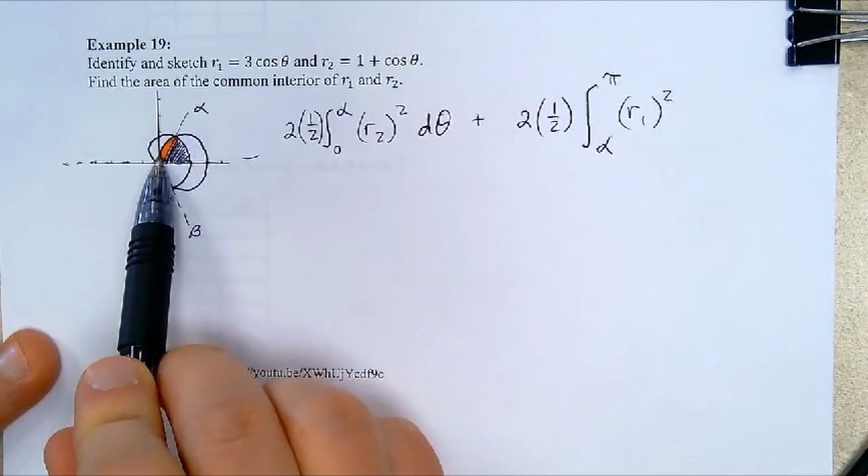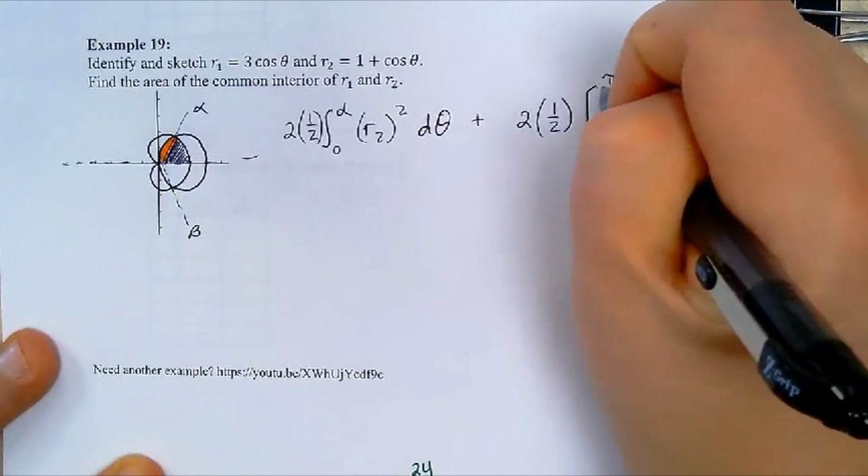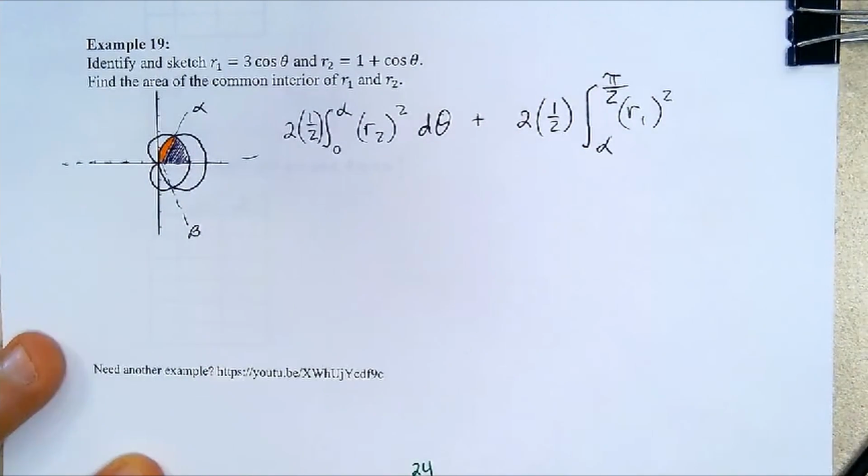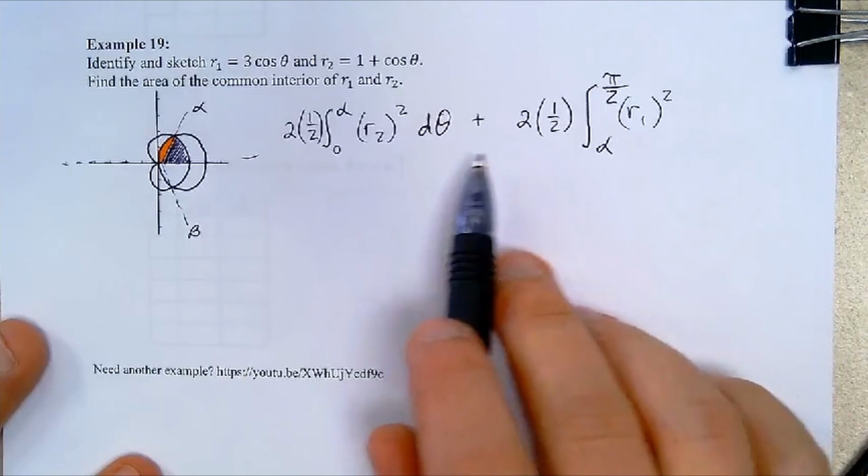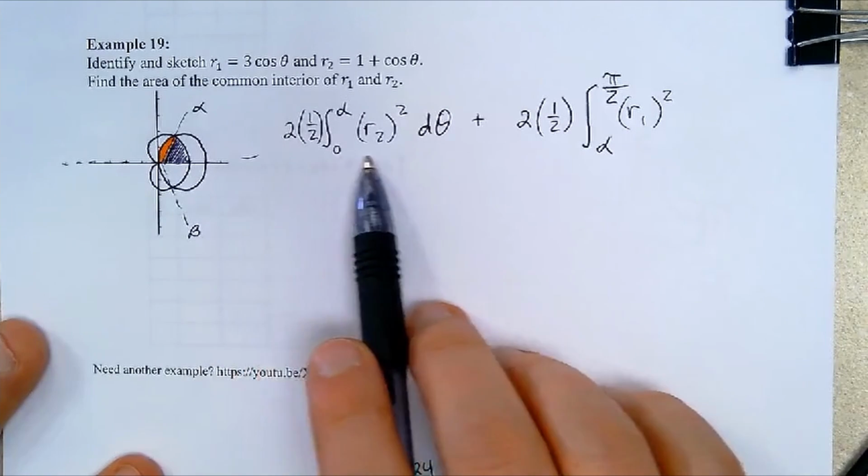That spot happens at pi/2. This captures the common interior.